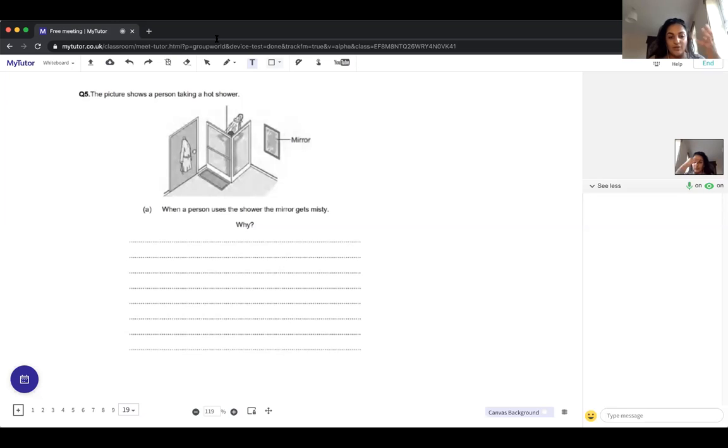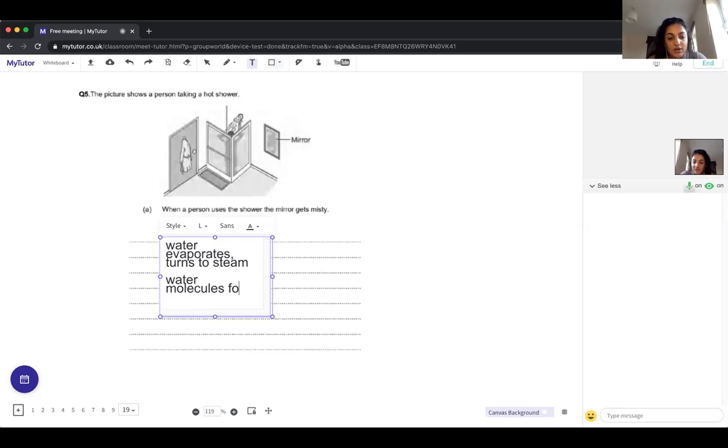Okay, so the first thing that happens in the shower is that the water evaporates. It turns to steam. Now, those water molecules go into the air. These water vapor molecules go into the air. Now, the mirror is cooler than the air.